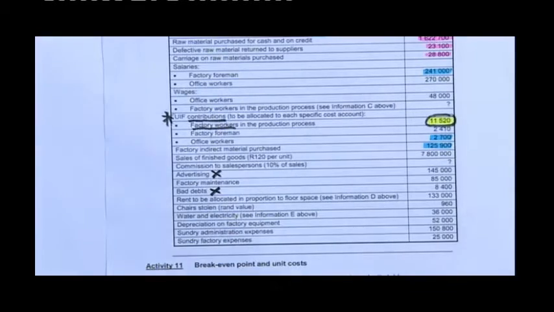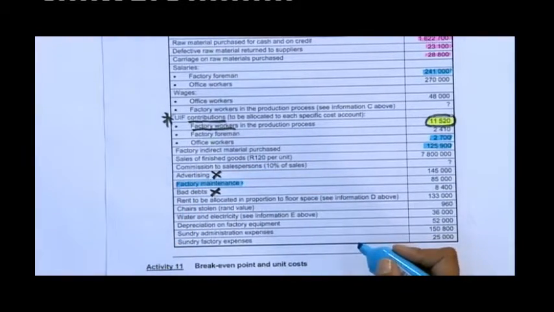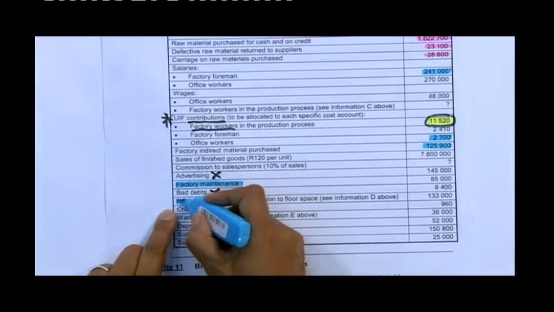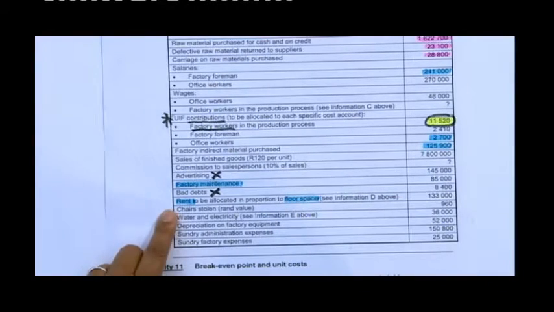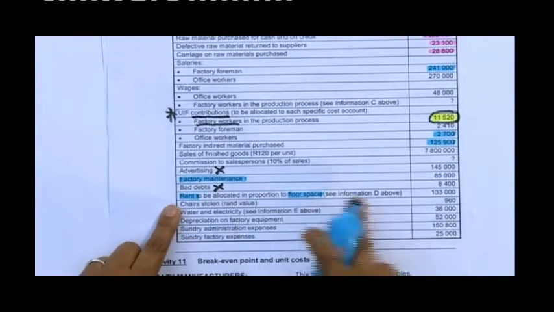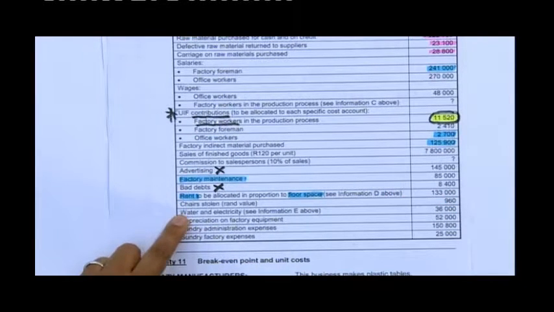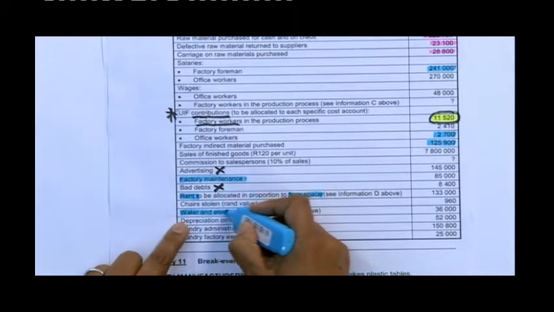Okay, so now they say factory maintenance. Yes, so we're going to consider that amount because it says factory. We know that there's rent and we're going to allocate it according to the floor space that we just worked out. So the portion of the floor space, it says here, see information D. Then, water and electricity.